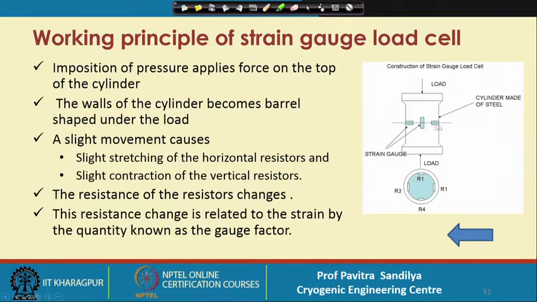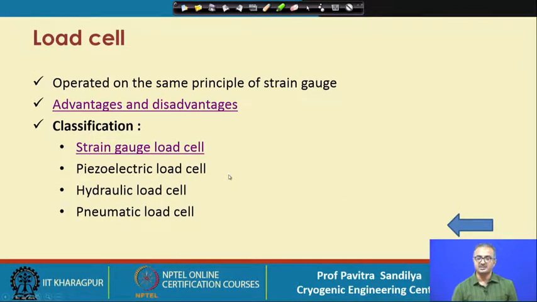So when it starts to bulge out, these resistors change their positions and their resistances change, and this change in the resistance of the resistors is recorded and related to the pressure imposed by some kind of gauge factor, as we looked into in the strain gauges. So the load cell and strain gauges are similar in their functioning.